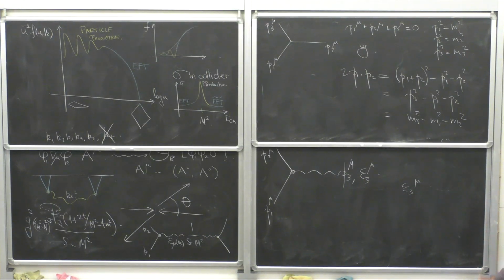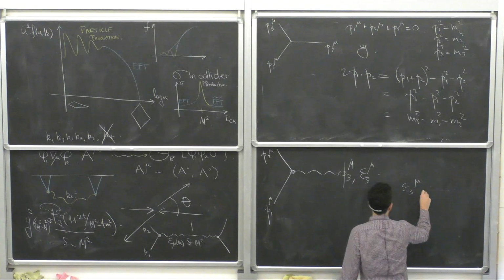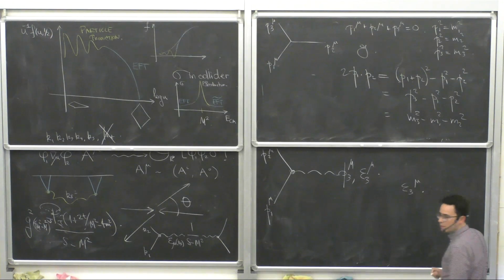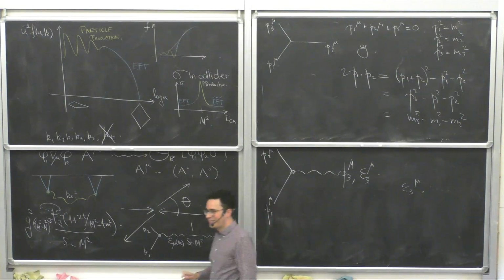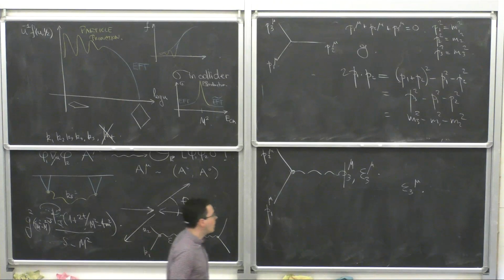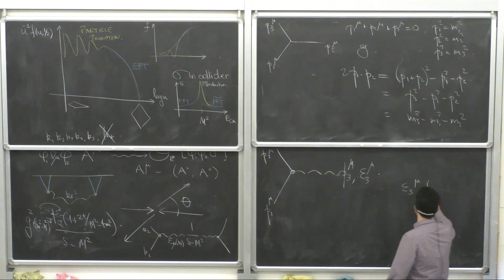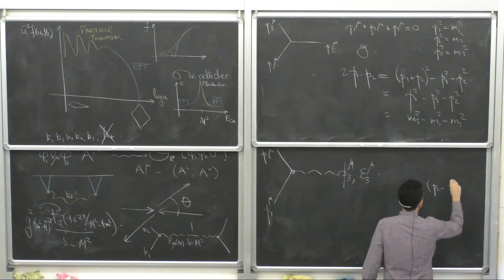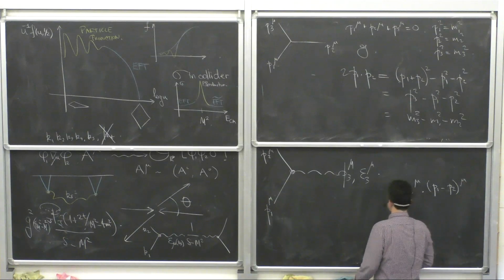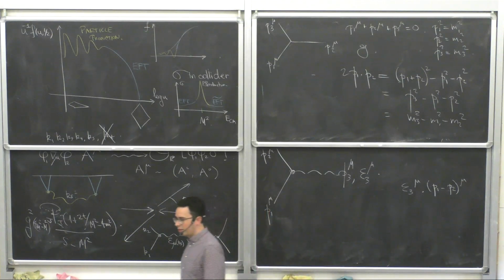It needs to be a Lorentz scalar. No, it's an amplitude. Which momentum? Which combination? 1 plus 2 is minus 3, P3 dot epsilon 3, 0. Pronto. That's it. That's the only thing you can write down.